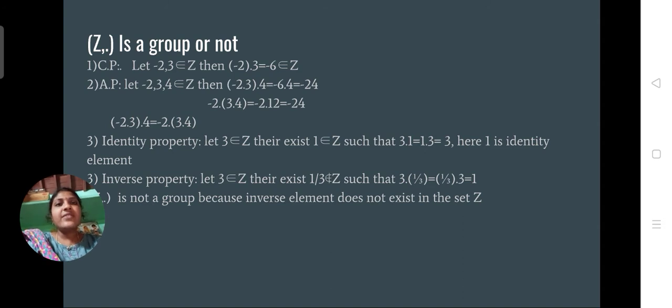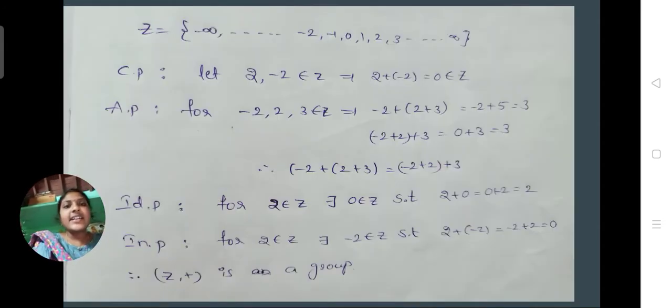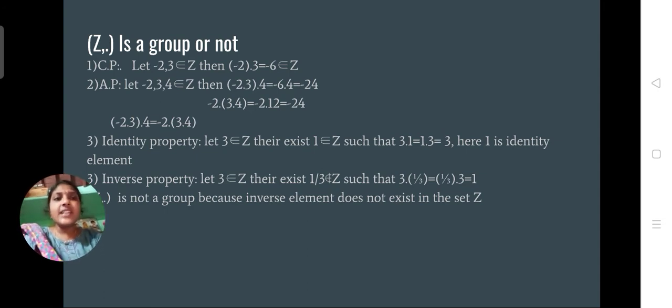Further, as I said in the previous slide, 0 is the additive identity element under addition, and minus a is the inverse element under addition. And under multiplication, 1 is the identity element and 1 by a is the inverse element under multiplication.